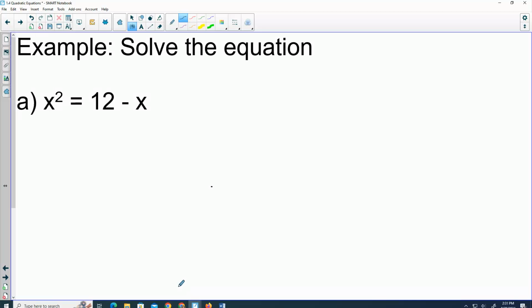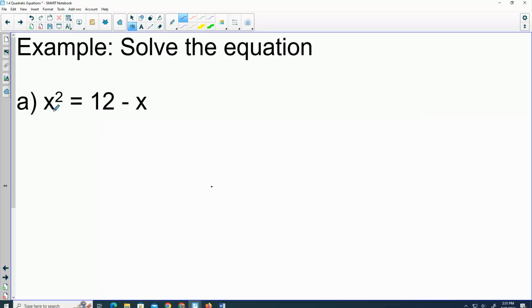If I told you to solve this equation, what would you do first? Everything on one side. If you're going to factor, you want your x squared to be positive.